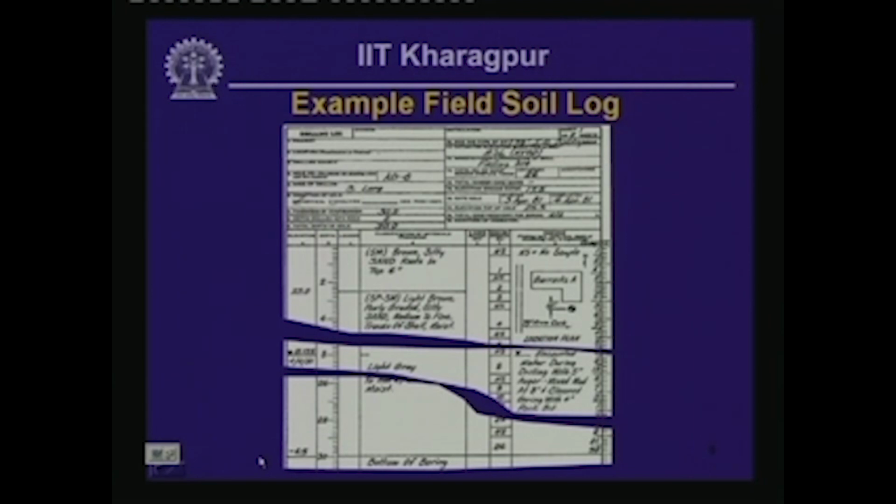So, that is very essential, and below that oftentimes it is also required to indicate how the drilling was abandoned, whether there was any instrument installed within the boring or whether it was backfilled after the logging process by some special material or by the drill cuttings itself. So, those things are mentioned near the bottom of a filled soil log.